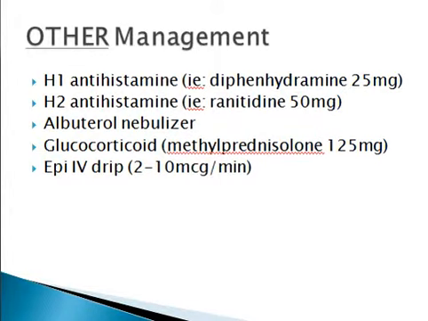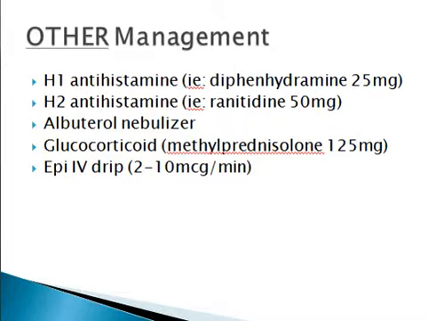You can give them an albuterol nebulizer if they're having wheezing, and also give them some glucocorticoid like methylprednisolone. You give them 1 to 2 milligrams per kilogram per day. The idea of giving them some steroid is you prevent any re-exacerbations.